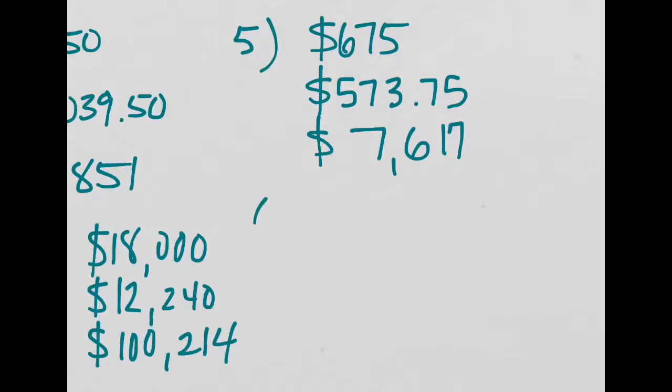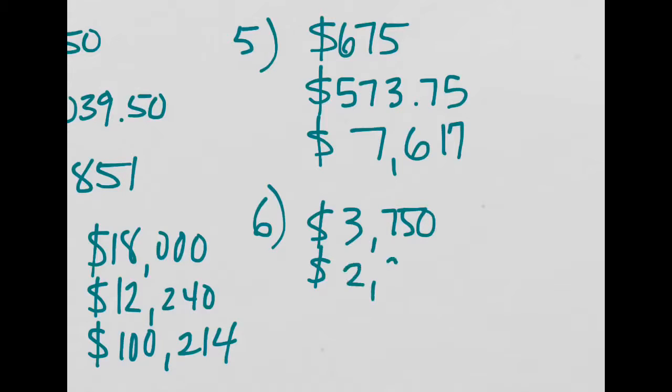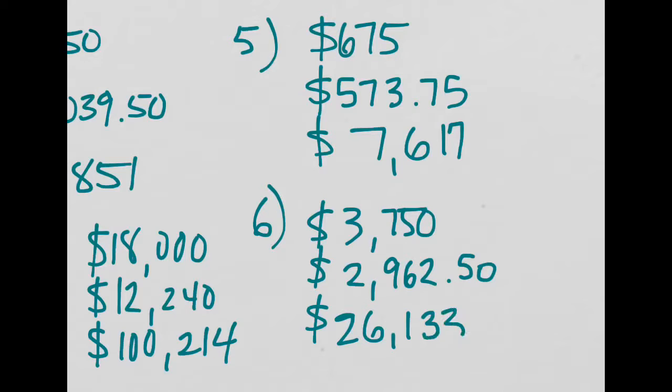All right, and number 6, your expected gross return was $3,750. Your expected after tax was $2,962.50. And lastly, your real return, checking to make sure this is larger than your principal, is $26,133.